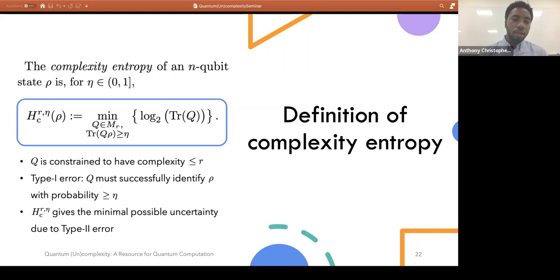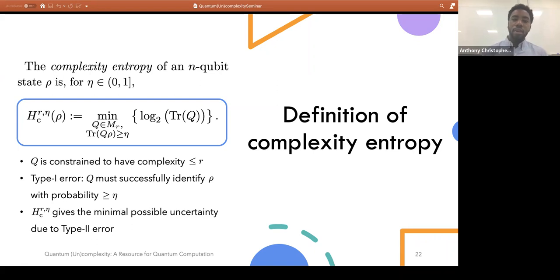So Q comes from a relatively simple measurement. We're allowed to apply at most R gates. And we have to ensure that our measurement Q successfully identifies rho with probability at least eta. Okay, so that's constraining the type 1 error.